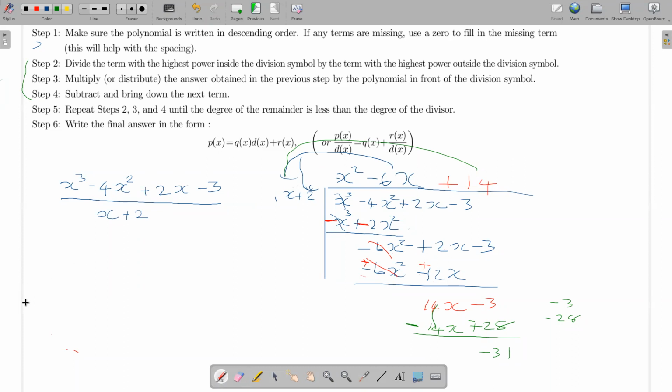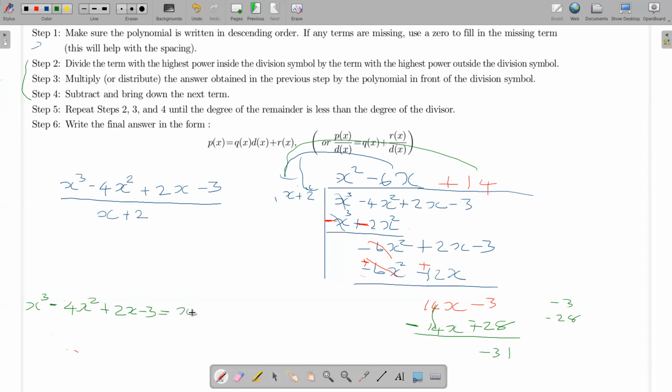Okay, so I can say x cube minus 4x squared plus 2x minus 3 is equal to the quotient times the divisor plus the remainder. Quotient is what remains here.